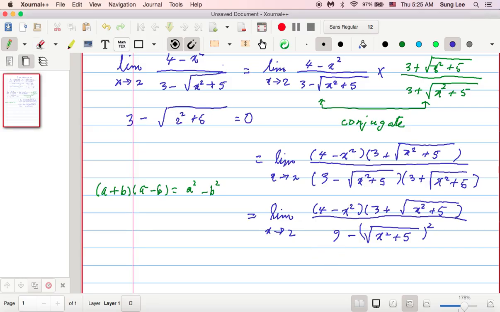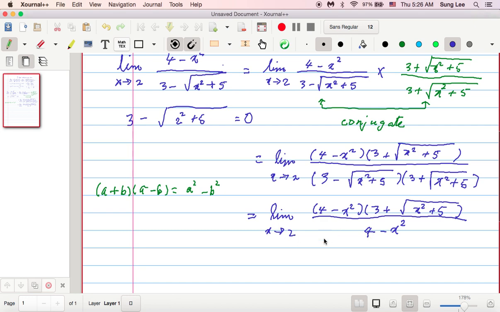So that leaves us with 9 minus x squared minus 5, which altogether becomes 4 minus x squared. Instead of writing that in the next line, I'm just going to simply write 4 minus x squared.